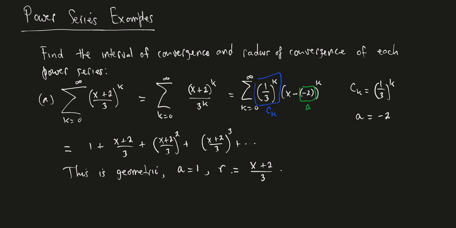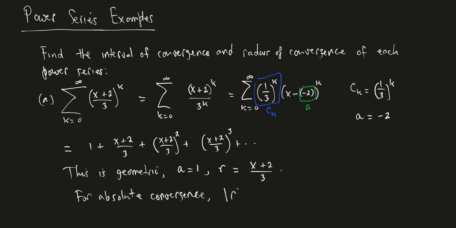Well, we know what is required for a geometric series to converge, in fact, to converge absolutely. Our r has to be strictly between plus or minus 1. So for absolute convergence, remember, there are two ways you could say it.